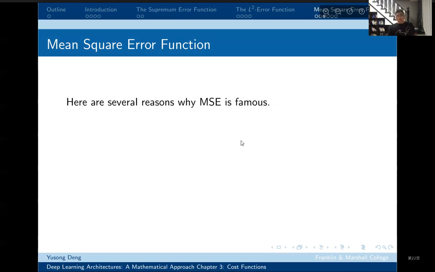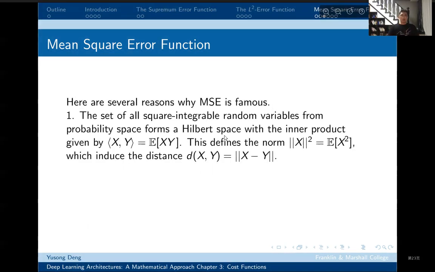All right. The book gives you several reasons why MSE is so famous, why many mathematicians and computer scientists like to use MSE, and here I will talk with you a little bit more about them. First of all, the space of all square integrable random variables from a probability space forms a Hilbert space, where the inner product of x and y equals the expectation of xy.